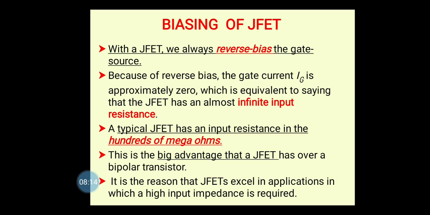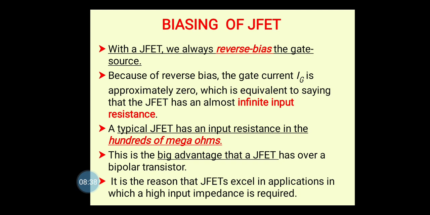Now we will understand why JFET is more reliable than your BJT, because it has very high input resistance. As I have told you while biasing, the gate is the input. Here you connect a power supply or voltage source, so that will always be reverse bias.